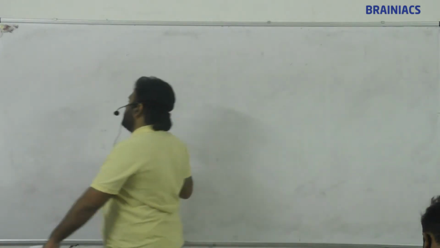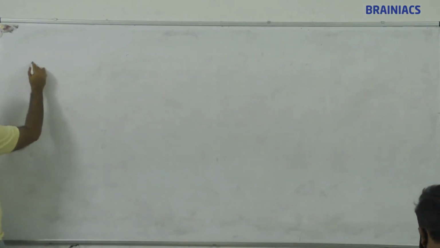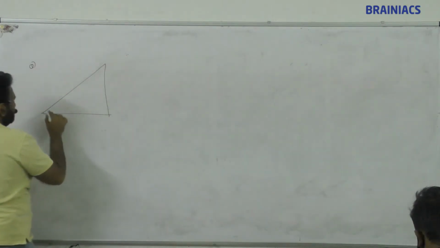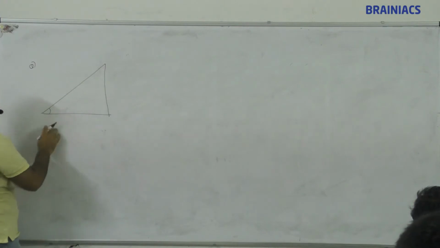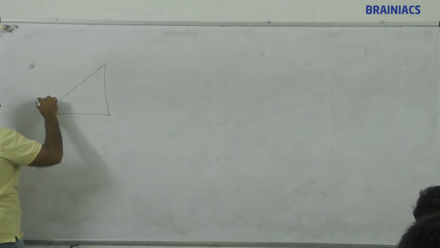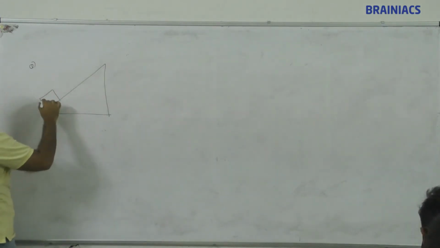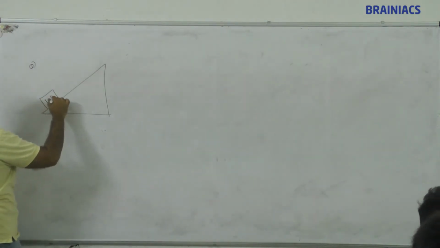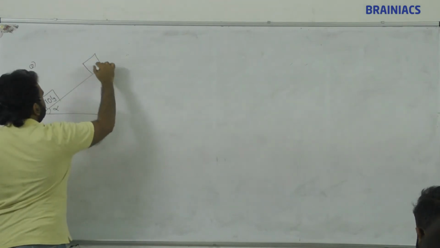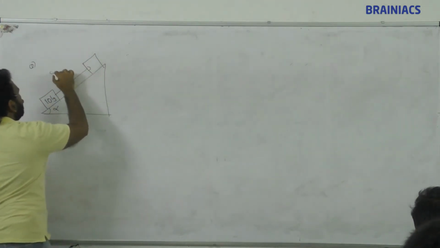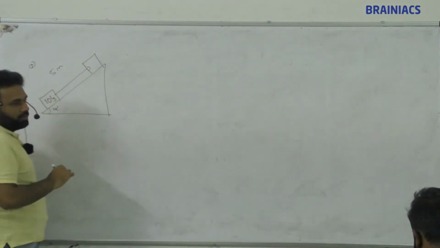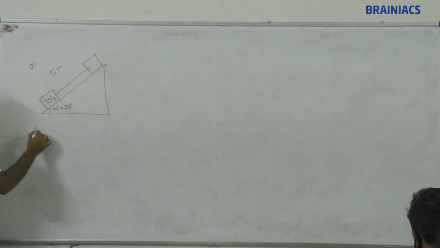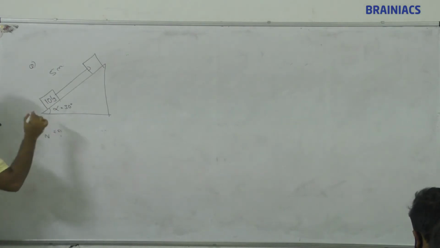Okay, see now, alpha, mass weight 10 kg, displacement 5 meter, this alpha is equal to 30. What is the work done by the normal reaction?